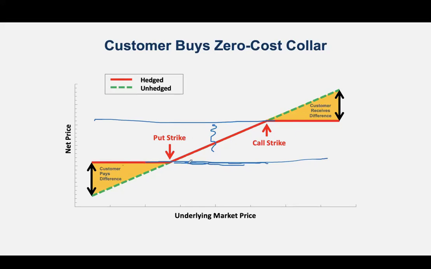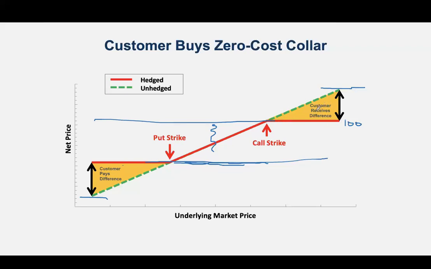For example, suppose this is 90, which means the lower range is 90, but the actual market price is 80. So in other words, you are paying $10 more compared to the market. But if we look at the other scenario, if prices go up, let's say to $110. In this case, if this is $100, it doesn't matter how high prices go, you are required to pay only $100.